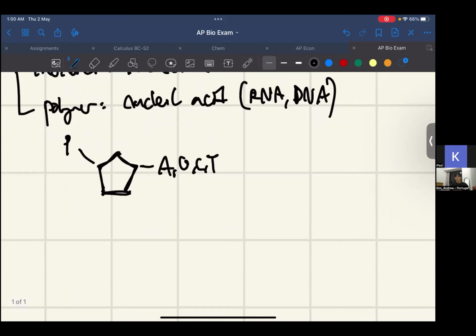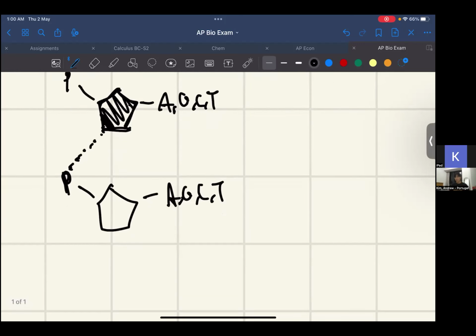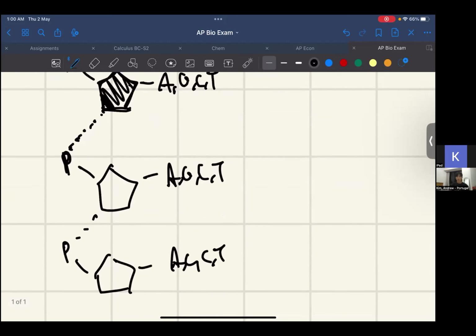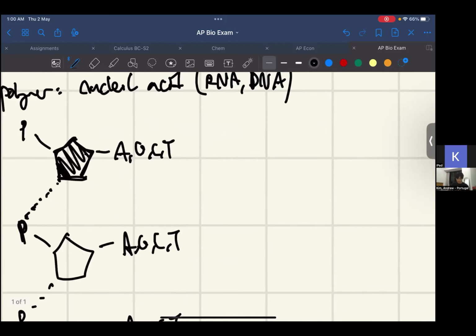Now, how does each monomer connect to another monomer to make a polymer? Well, that happens through H bonding, like this. Between this P group and this base, there is a hydrogen bonding, which connects the two of them. And that will continue going on like this, right? Now, this is RNA, right? You only have one strand, but DNA would have another strand, right?